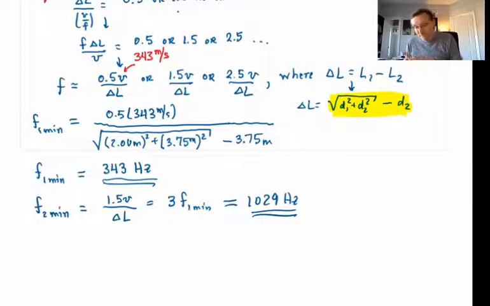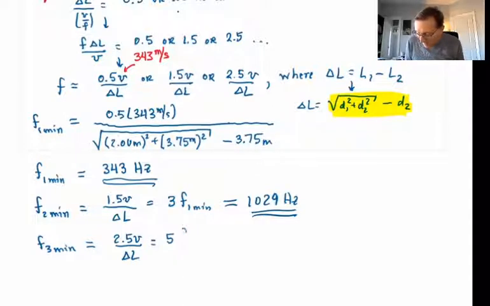And what's the next frequency at which you will get fully destructive interference? I'll call it F3 min. Well, that's 2.5 times V over delta L, and that's 5 times F1 min, which is 1,715 hertz.